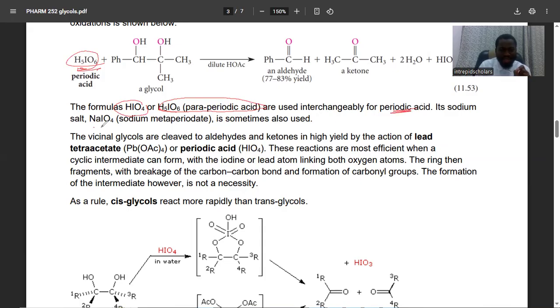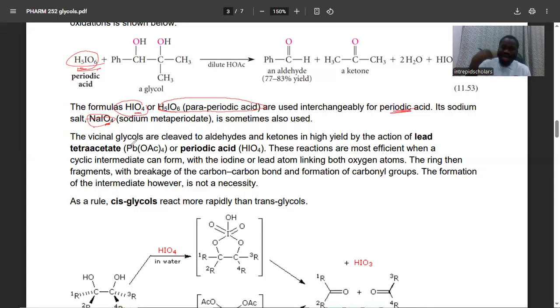Now, when you look at the salts, the salt here is coming from the metaperiodic acid. That's what we call the sodium metaperiodate. So this shouldn't be confusing. Just easy. When you understand the chemistry, these things are very easy. Now, the next point says the vicinal glycols are cleaved to aldehydes and ketones by the action of lead tetraacetate, lead-4 acetate.